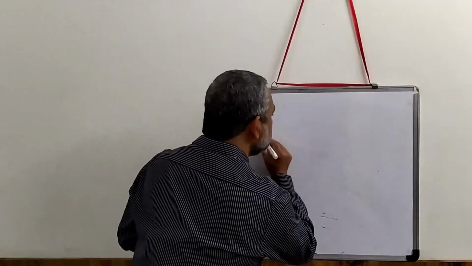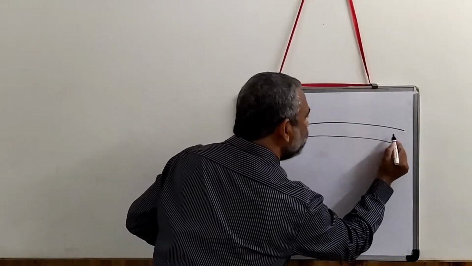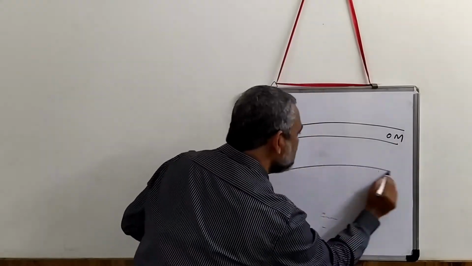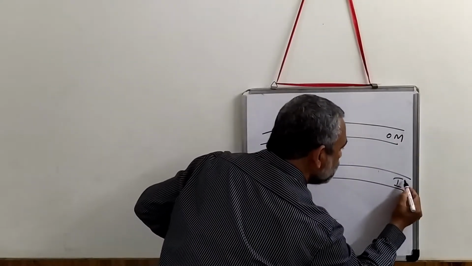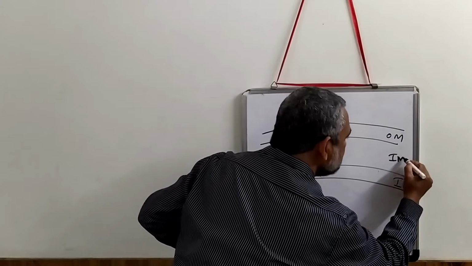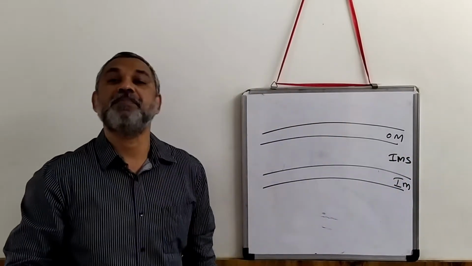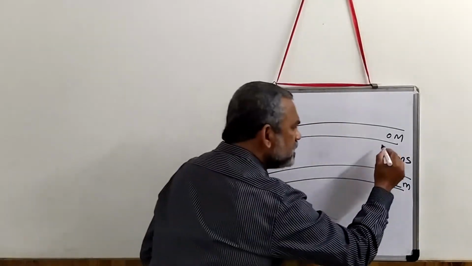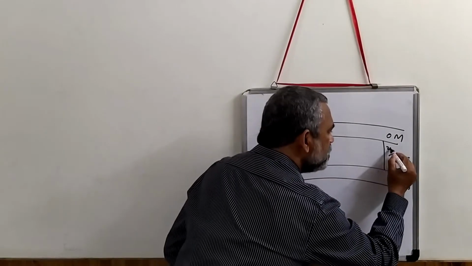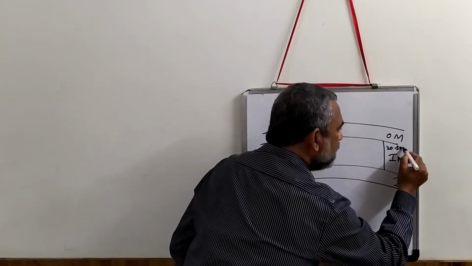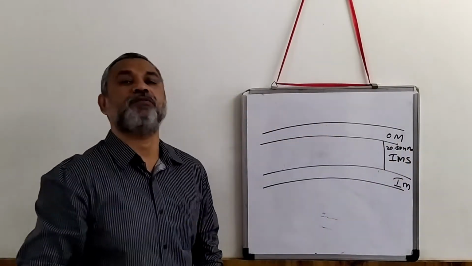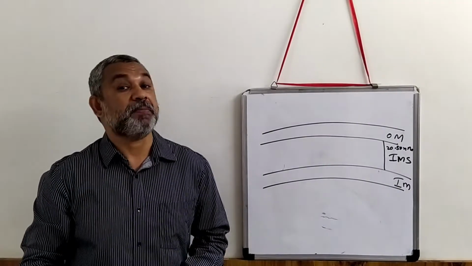If you consider, this is the outer membrane, this is the inner mitochondrial membrane, and this is the inner mitochondrial membrane space, and the size of this intermembrane space is roughly about 20 to 30 nanometers.